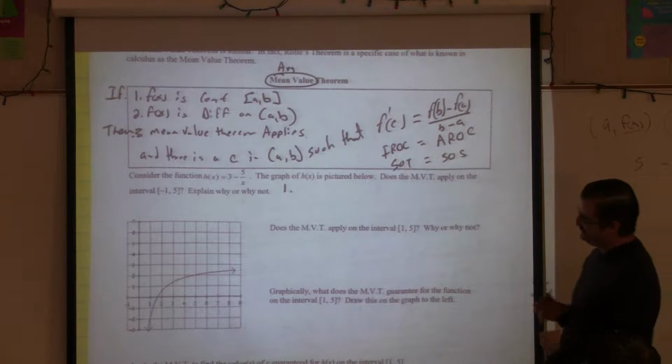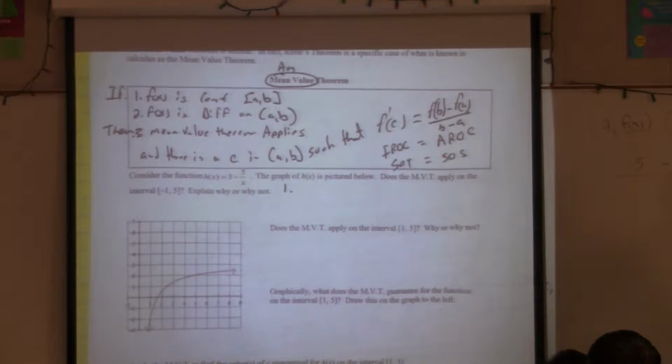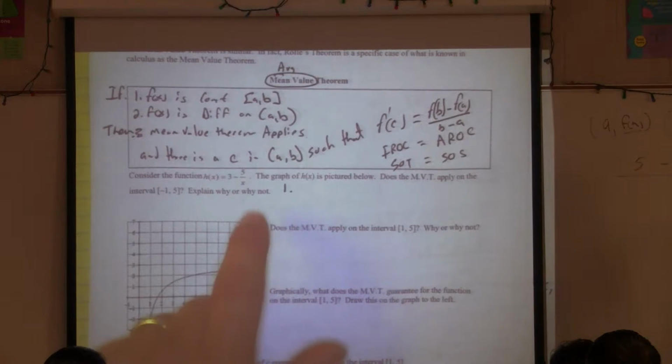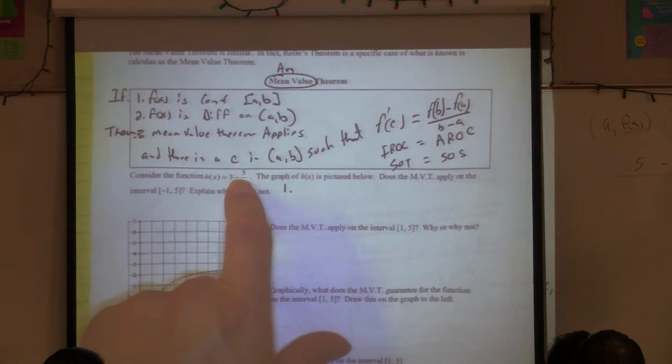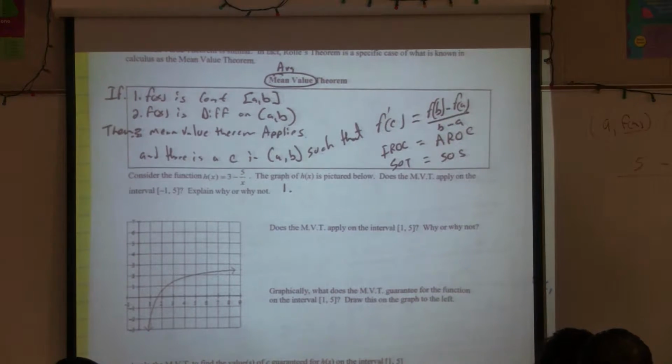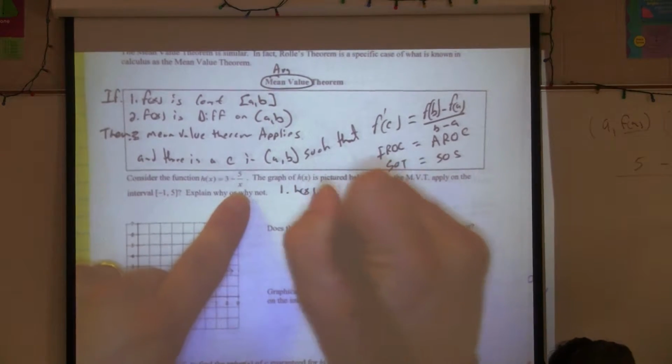Where is it not continuous? At 0. Why not at 0? Because I'd get 5 over 0, right? And then that would be what? Undefined. And what's 3 minus undefined? Undefined. Okay, so then we can say that h of x is what?